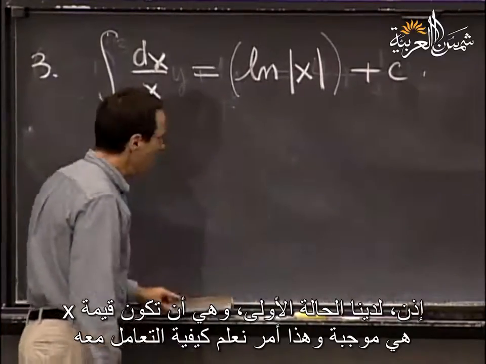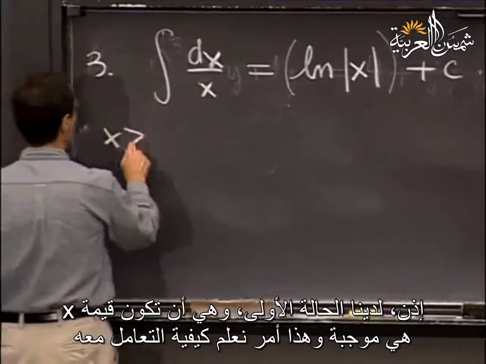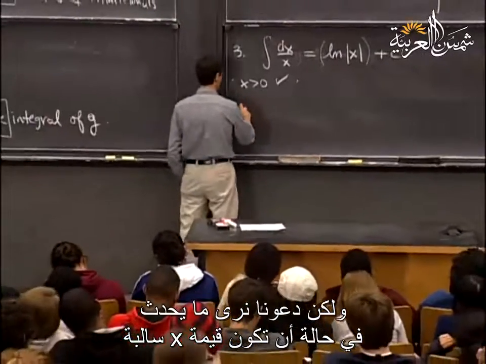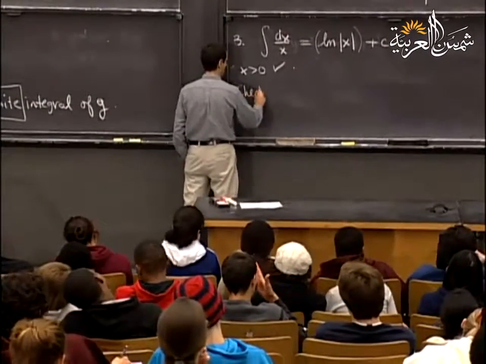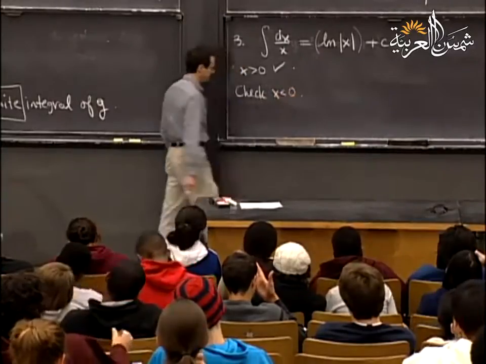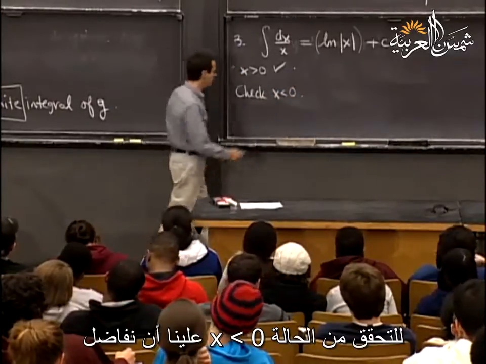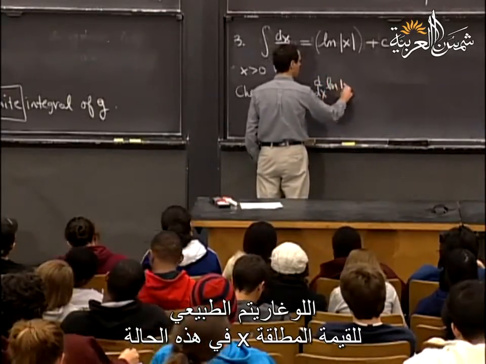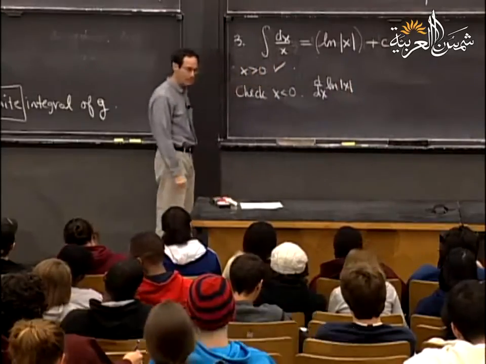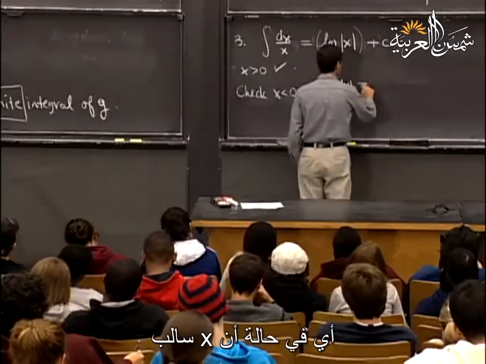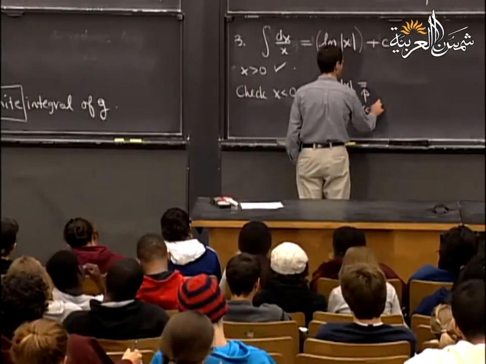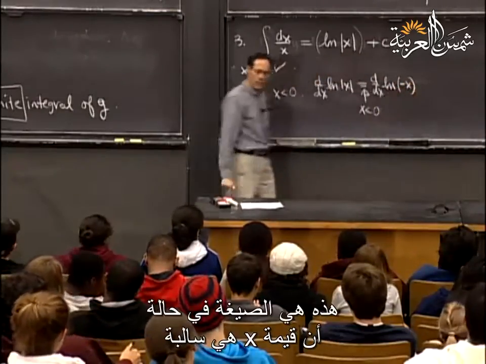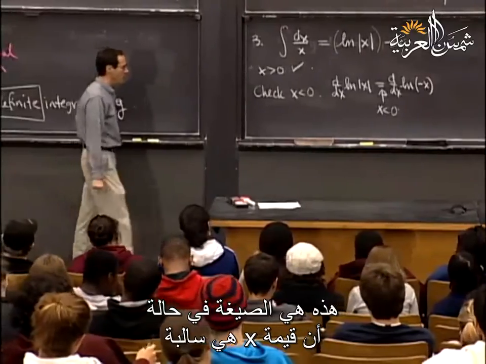So I'm treating the case x positive as being something that you know. But let's check the case x negative. In order to check the case x negative, I have to differentiate the logarithm of the absolute value of x in that case. And that's the same thing, again, for x negative as the derivative of the logarithm of negative x. That's the formula when x is negative.